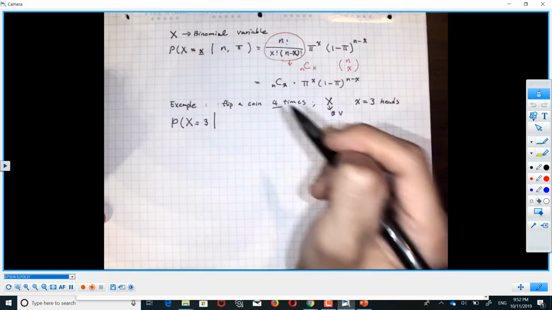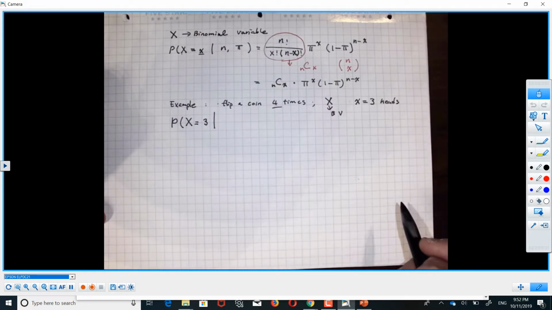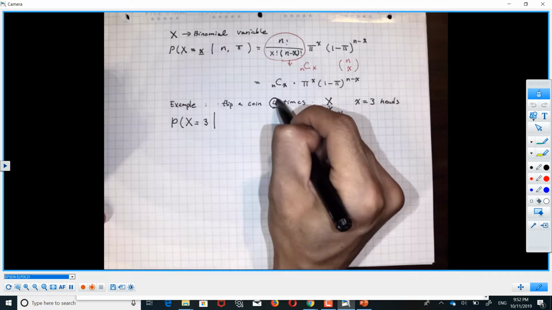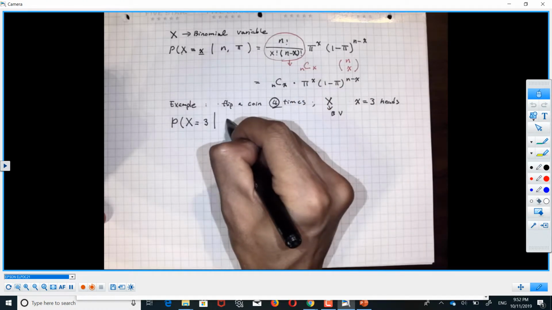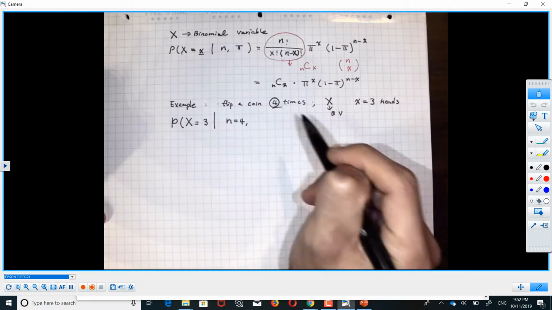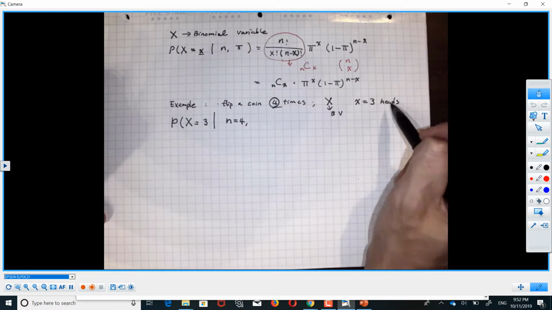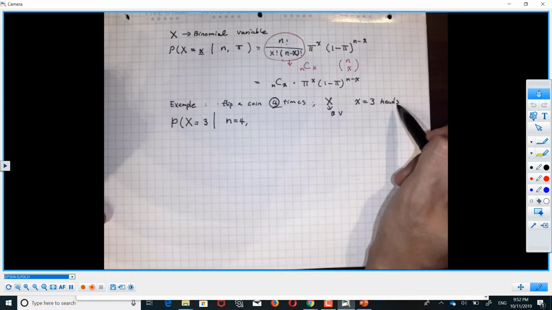And the given: the sample space, you toss 4 times, right? So n is 4, and the head is our event of interest.